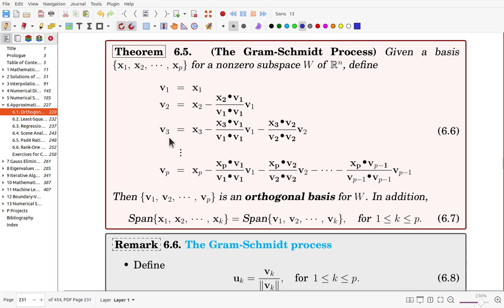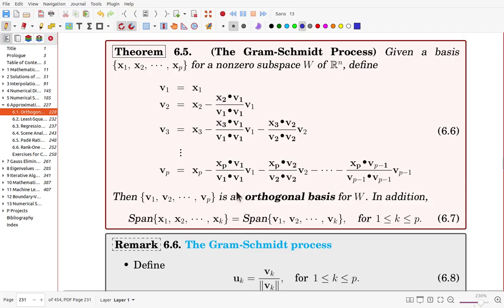And again, even if you add one more, the space spanned by these three vectors must be the same as the space spanned by the original three vectors. Keep going, and we reach the last vector. So that is the Gram-Schmidt process. The idea is, for a given vector, we project it onto the earlier orthogonal space, and then this projection is subtracted.